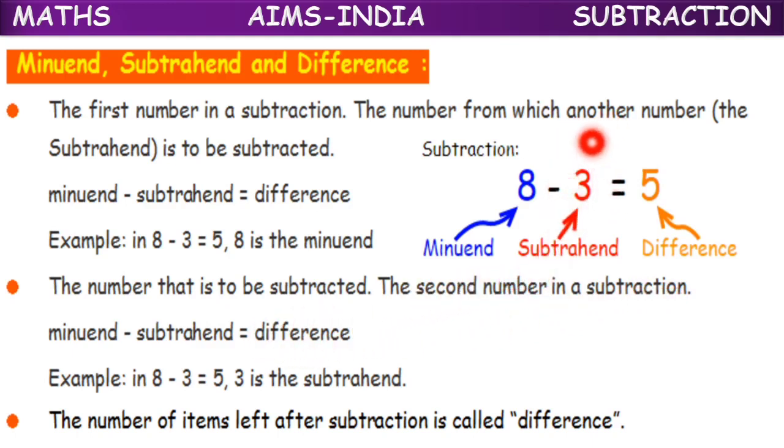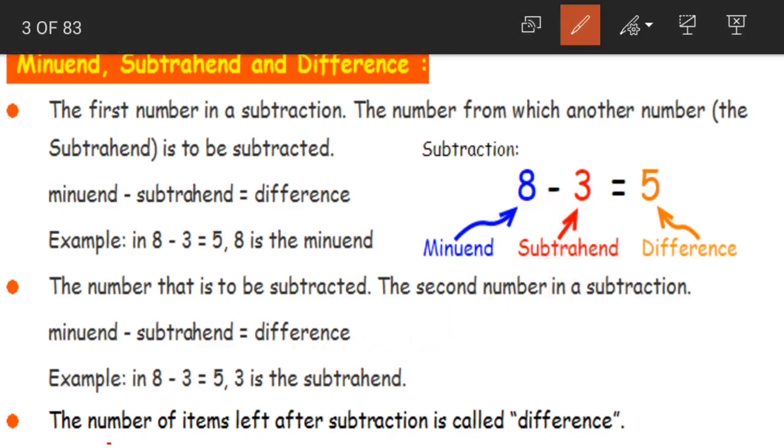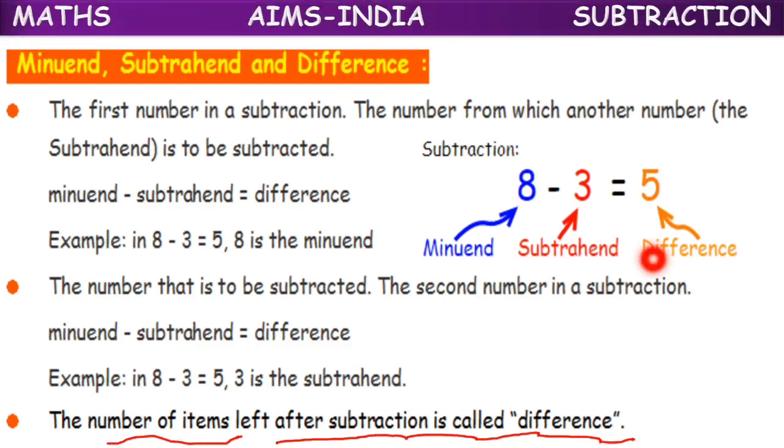The second number, which is the smaller number, which we will subtract from 8. Yes, 3 is subtracted from 8. Now this is called as our subtrahend. The number of items left after subtraction is called difference. Yes, the answer we get from subtraction is called as difference.